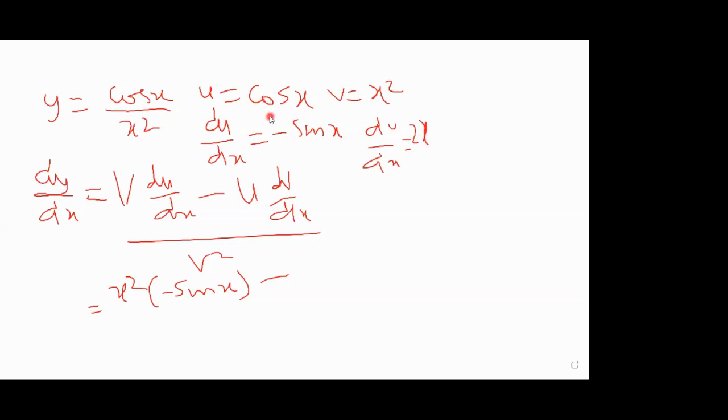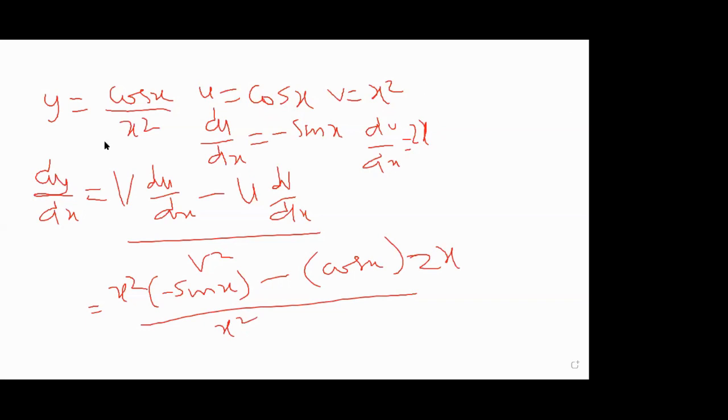Then we have the bracket: x squared times minus sine x minus 2x cos x, all over x squared squared.